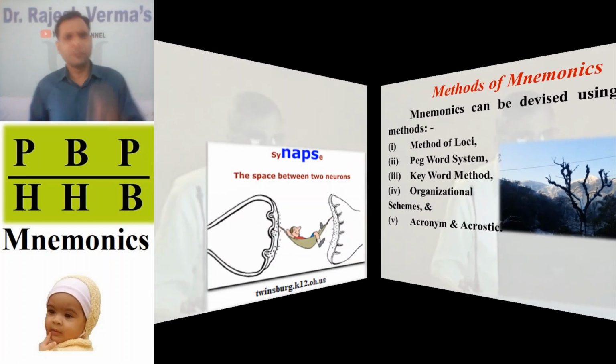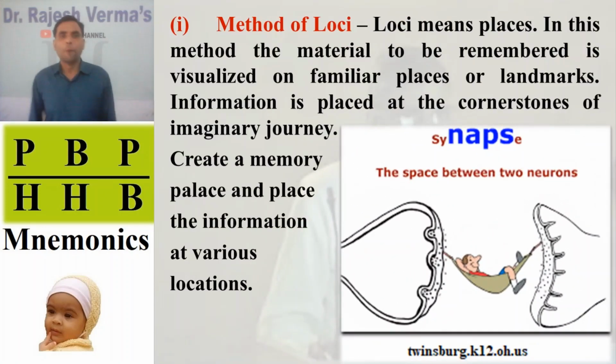Now let us start with the first one, the method of loci. Loci, my dear friends, is the plural of locus, which means places. In this method, the material to be remembered is visualized on familiar places or landmarks. Suppose you want to memorize some academic material, or this method itself.